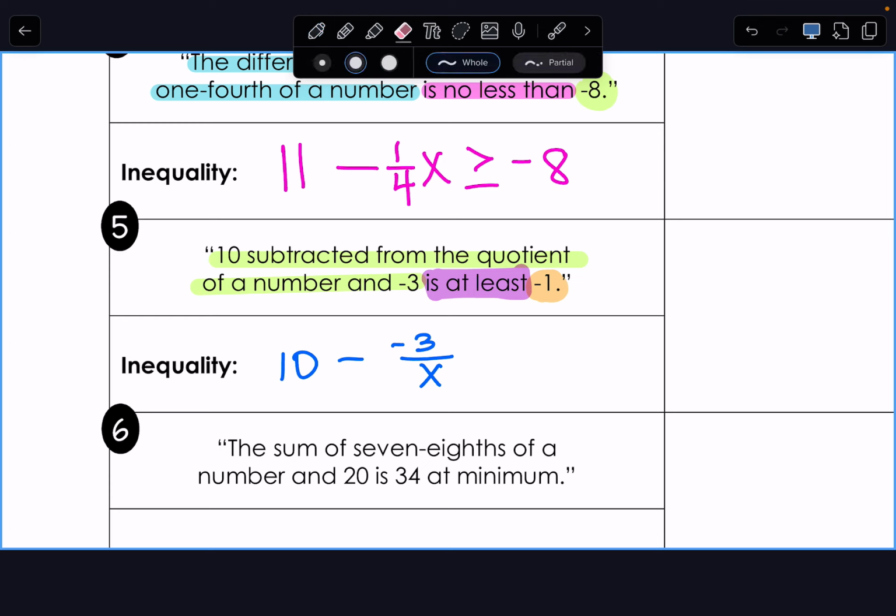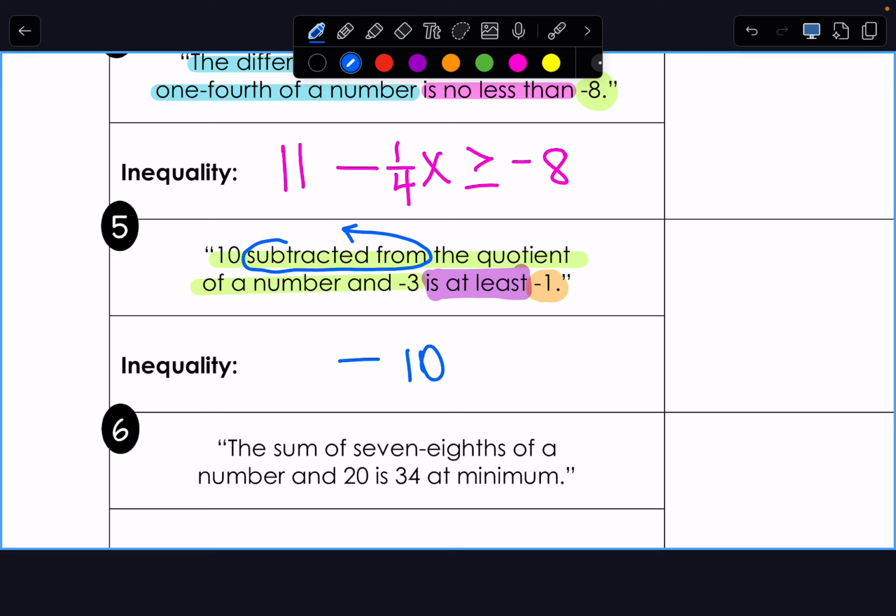Okay, so let's talk about this. Subtracted from, we know that there's subtraction there, right? I like the subtracted, but what I need to point out is that subtracted from is one of those turnaround phrases. So 10 is actually the second number.